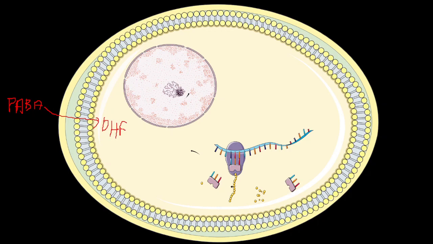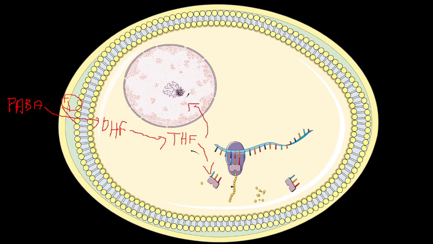That dihydrofolate is going to be converted into THF, tetrahydrofolate. That's going to be your folic acid. Folic acid is very important for protein synthesis and also for DNA synthesis as well.